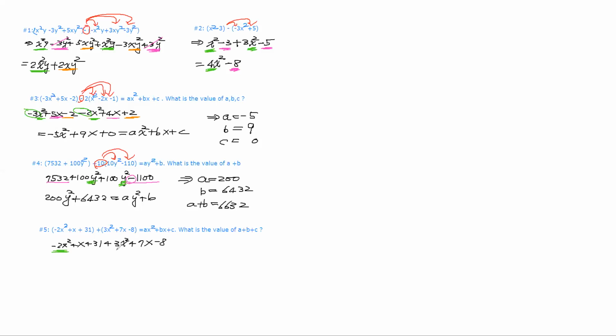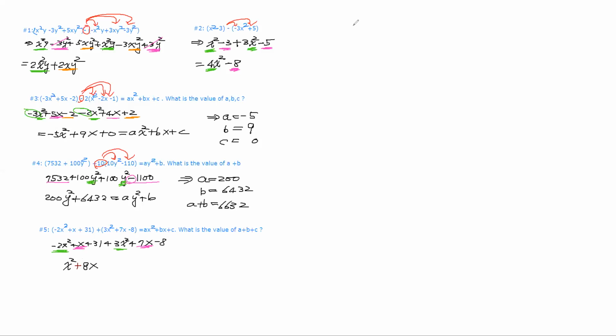So this is negative 2x squared, positive 3x squared. So how many x squared do I have? I have 1 x squared. Now let's take a look at the x term. I have 1x and 7x. So how many x do I have here? I have 8x. That's right.